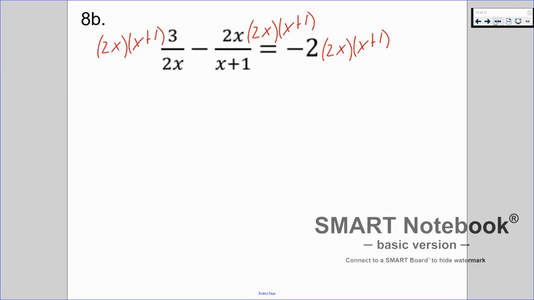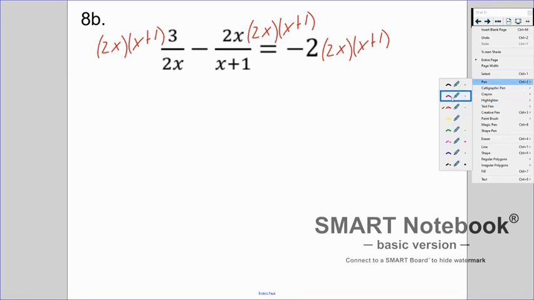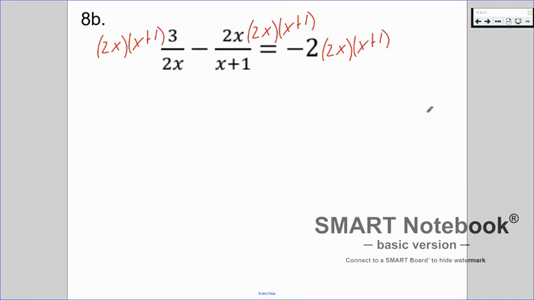I'm going to end up with, well, 2x and 2x are going to simplify, so I get (x plus 1) times 3. I'm going to go ahead and distribute that, so I get 3x plus 3. Here, (x plus 1) and (x plus 1) are going to cancel, so I end up with negative, don't miss the negative, 4x squared.